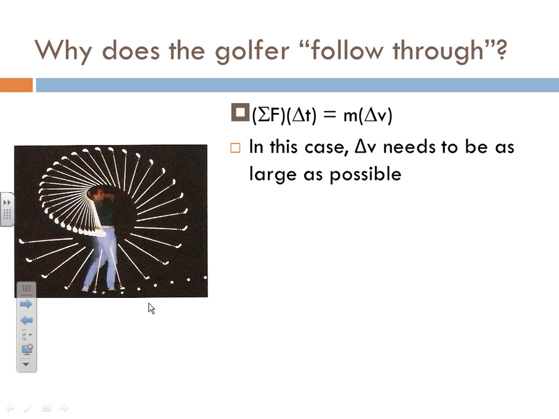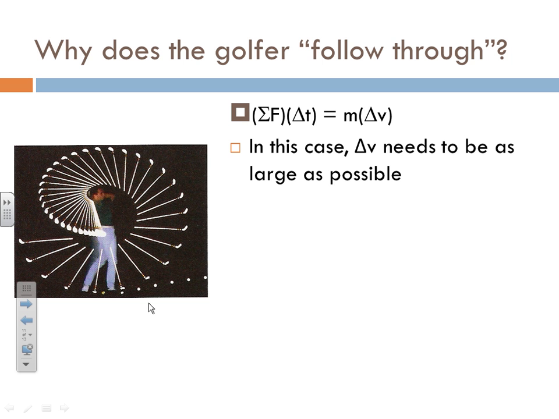So by following through, you're increasing the time that you're pushing on that object. Just like before when I threw the tennis ball, right, by taking my arm and starting it back here and following it through all the way to over in the front, right, I'm increasing the amount of time that I was applying a force to the tennis ball, right?